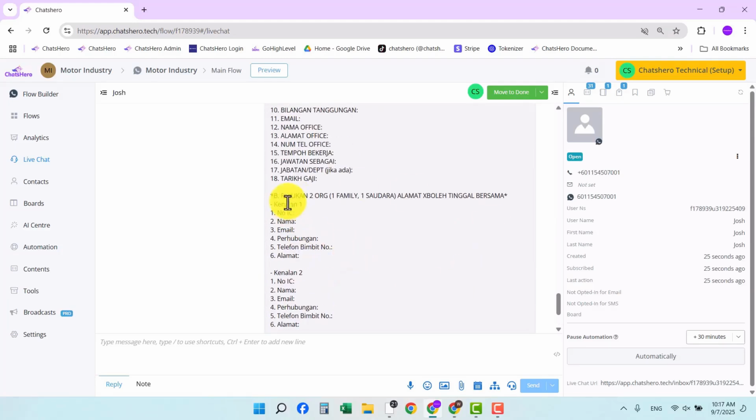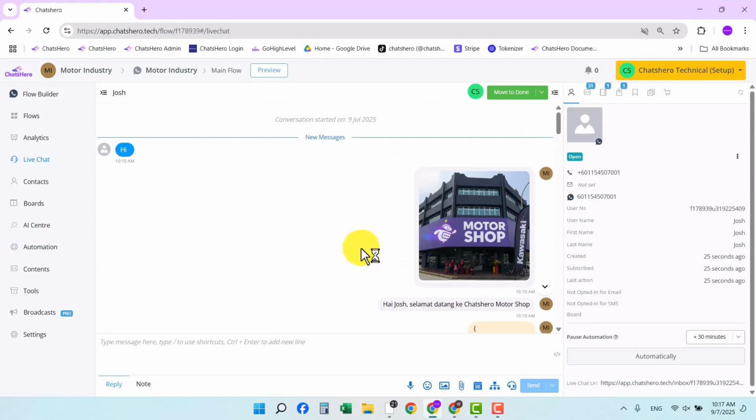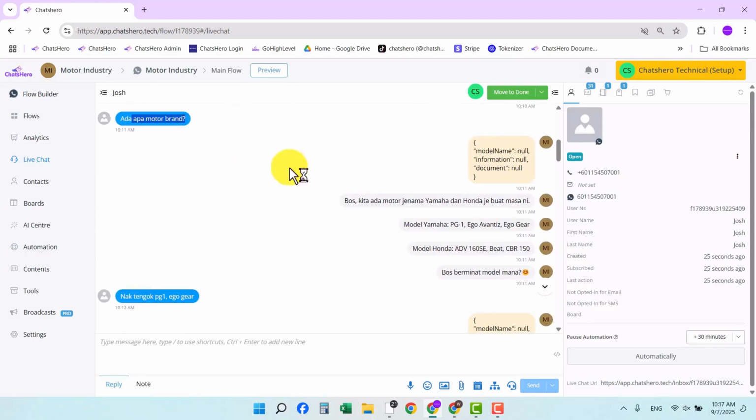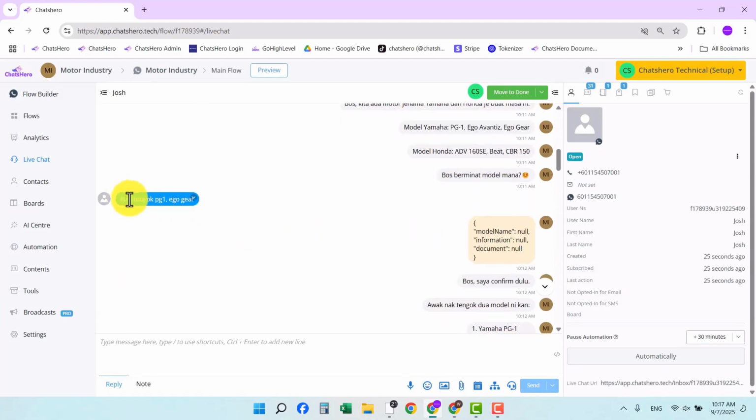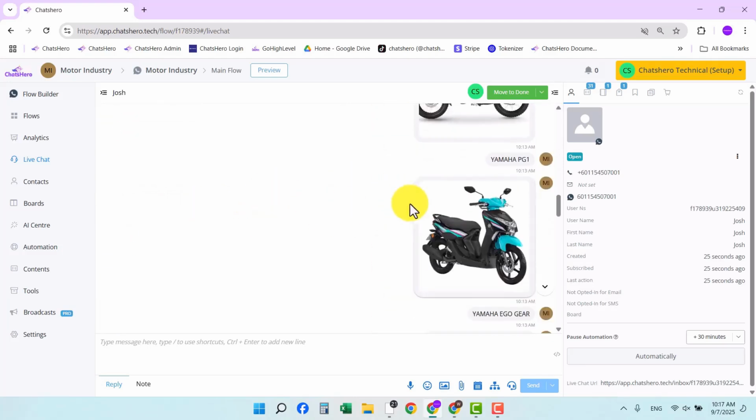Okay, so basically, what can be achieved with this so-called motor template? For example, when a customer comes in and wants to look for a certain motorcycle, okay, the AI will recommend some of the motorcycles that the company has for sale. Okay, furthermore, if the customer wants to see several models, the AI can also send them some photos to look at.